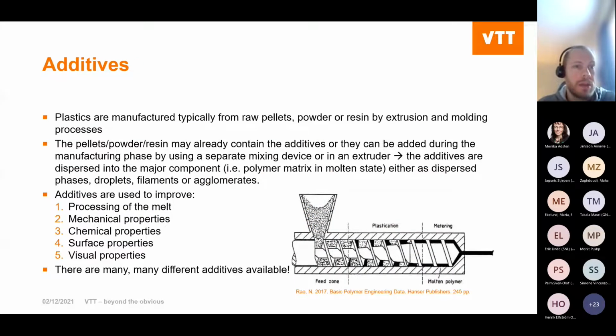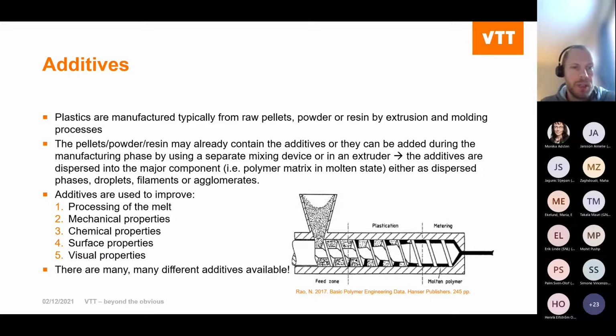So generally these additives are added to the polymers during the manufacturing process. Polymers are typically manufactured from raw pellets, powder or resin, and extrusion or molding processes are involved here.